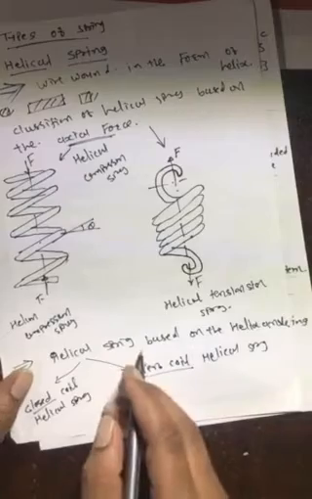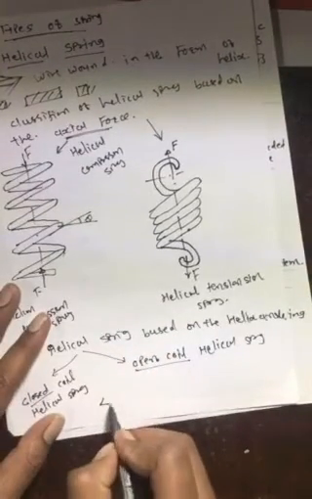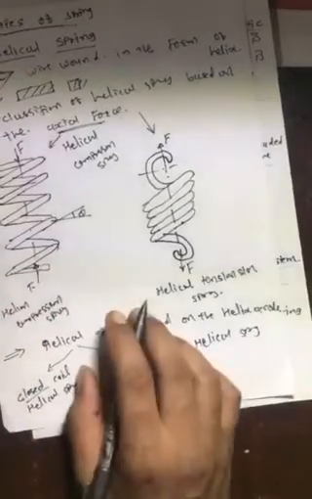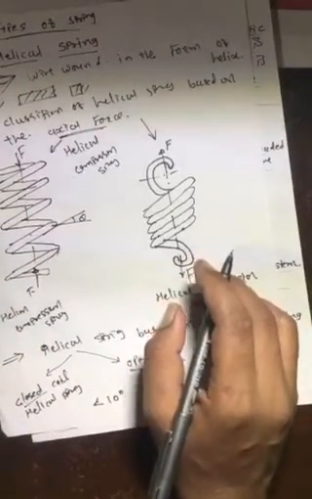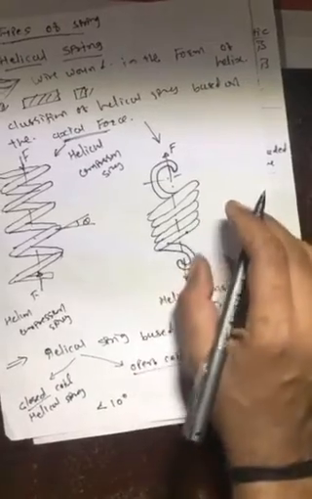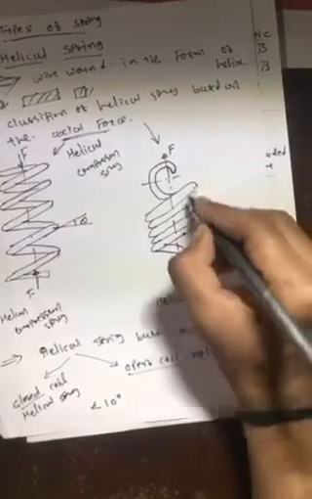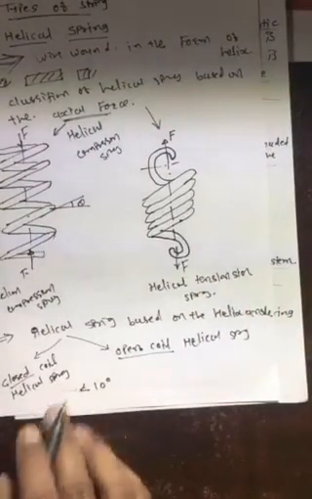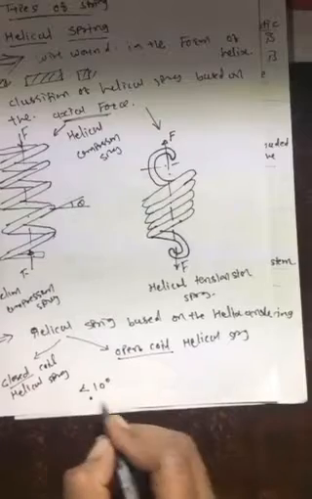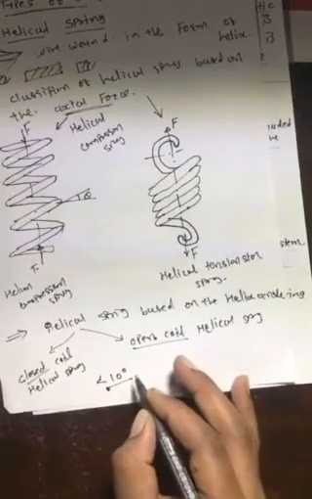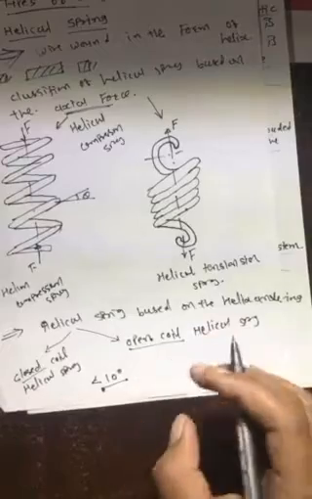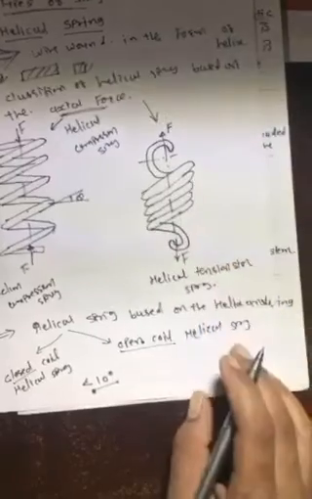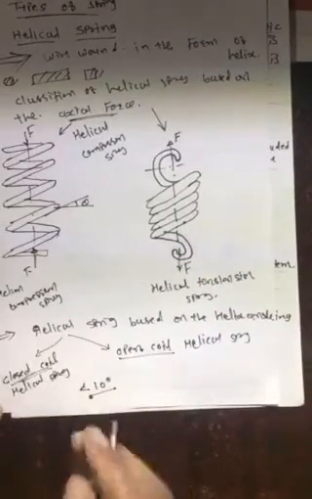It is usually less than 10 degrees, and the coils are so close, with a very small gap between two consecutive coils, like this one. This is called a closed coil helical spring.